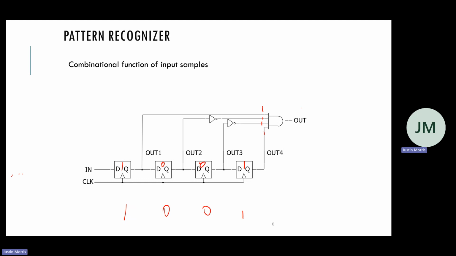So now I have seen 1, 0, 0, 1. So I can make this very simple pattern recognizer on some input stream with these flip-flops and just an AND gate, right? So if I wanted this to recognize 1, 1, 1, 1, what do I do?